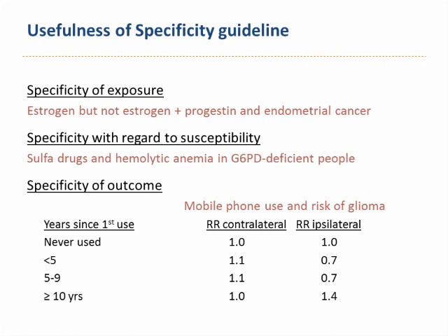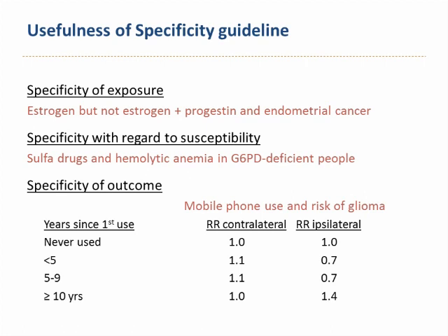And this is a deficiency in an enzyme that's important in the red blood cell metabolic pathway. And given what we know about the biology of this disorder, we would expect that sulfa drugs would adversely affect these individuals, but would not have an effect on people that don't have this deficiency.